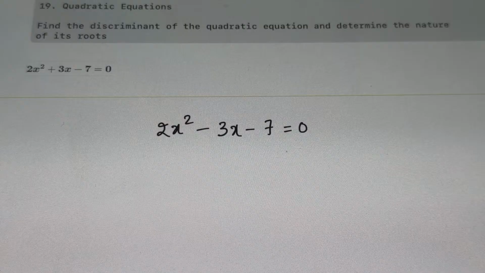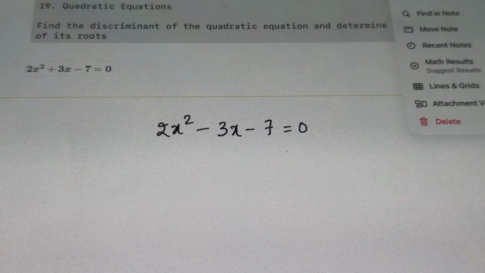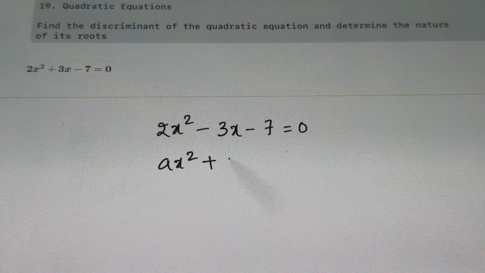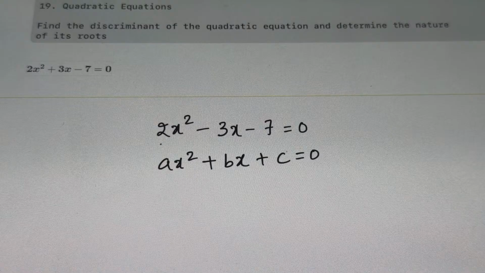First of all, you have to compare the given equation with the standard form of quadratic equation. So the standard form is ax square plus bx plus c equal to 0. So we have to compare to get the required values.